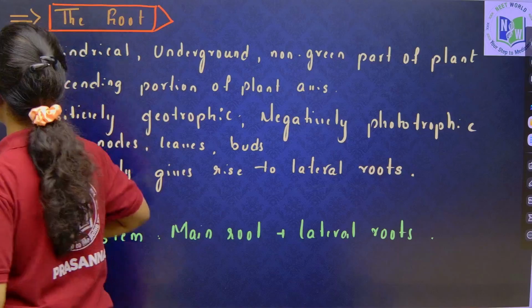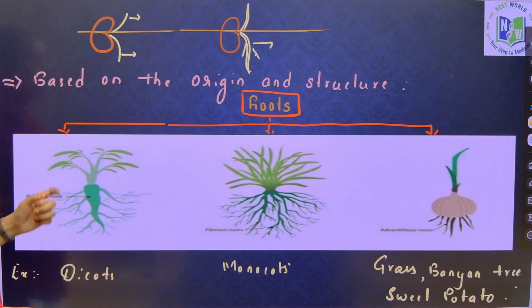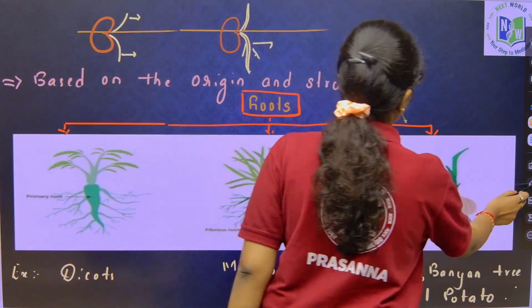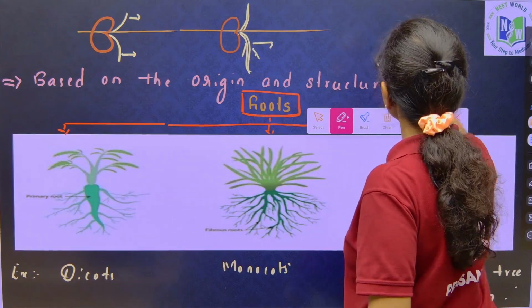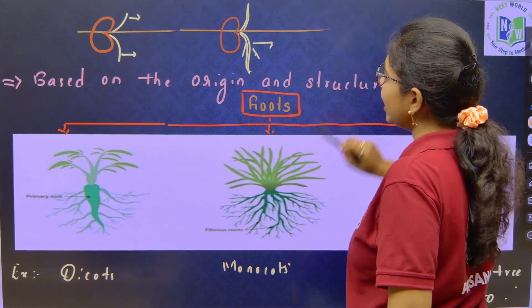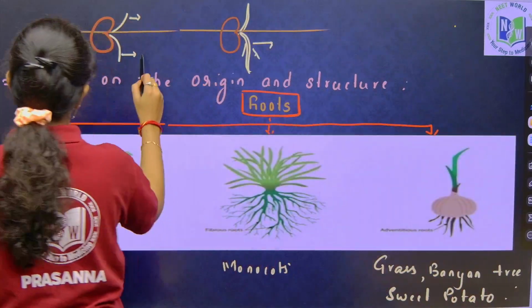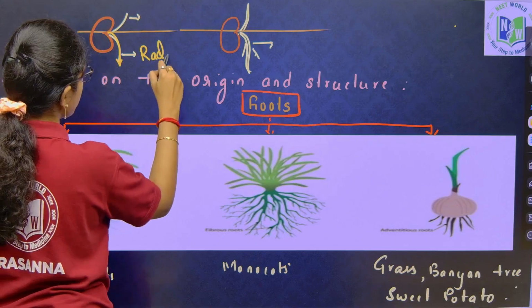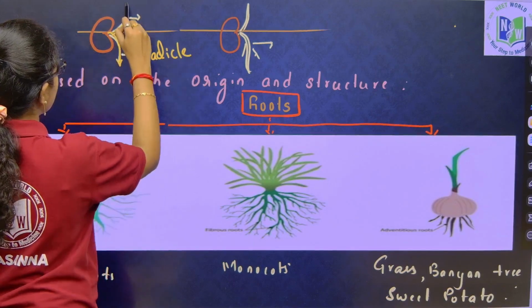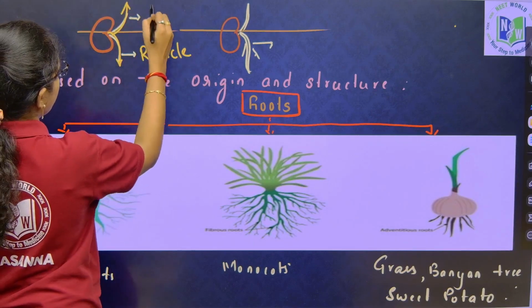Based on the origin and structure of the roots, at the time of seed germination, from the seed positively geotropic radicle will arise and positively phototropic plumule.